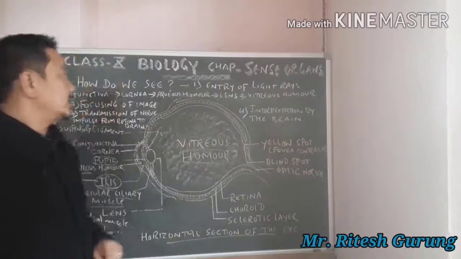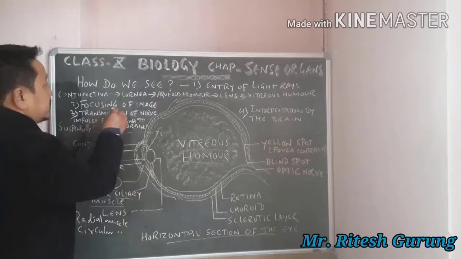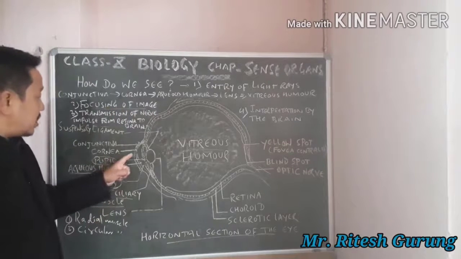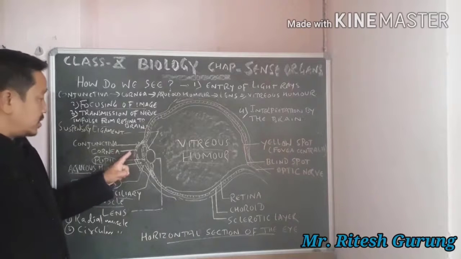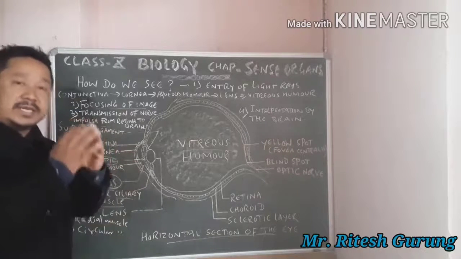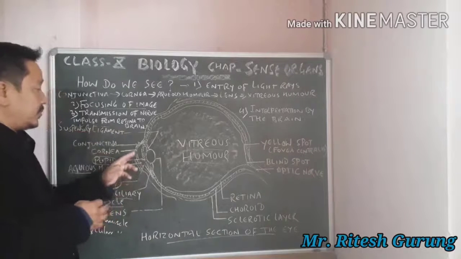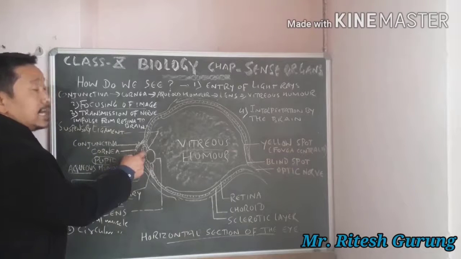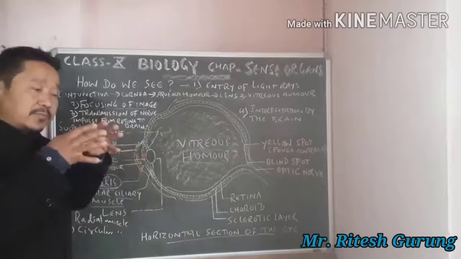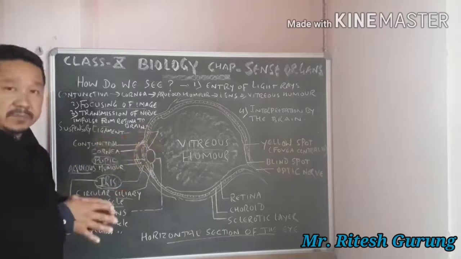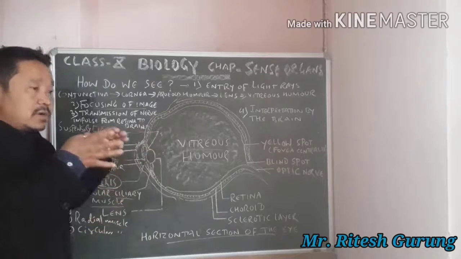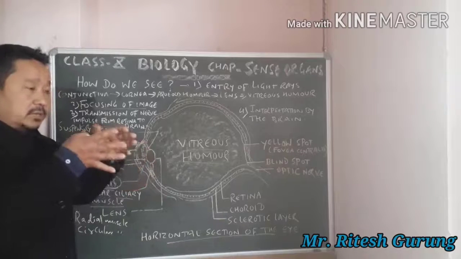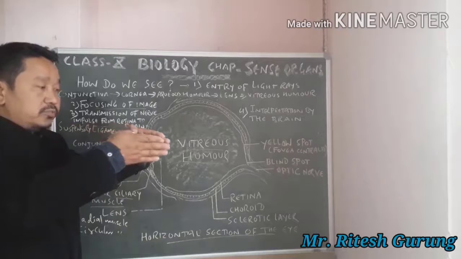That is point number 1. Then point number 2 is focusing of image. See the curvature of the cornea: it converges the light rays to some extent, up to the lens. The rays of light coming from the object are converged, which means the rays move to meet at one point.